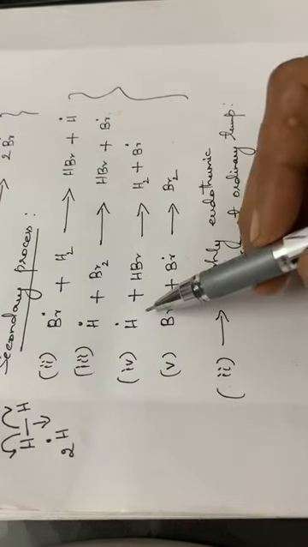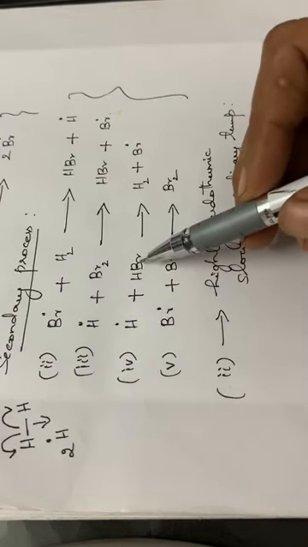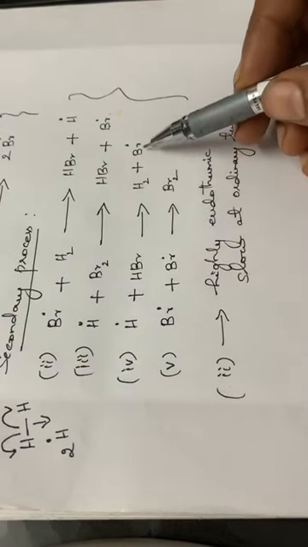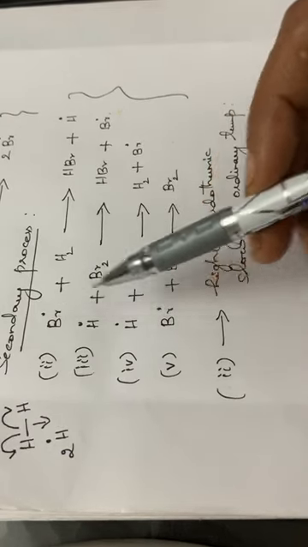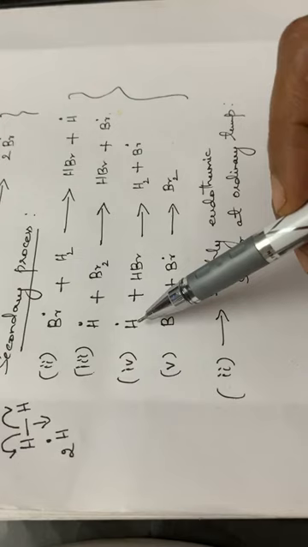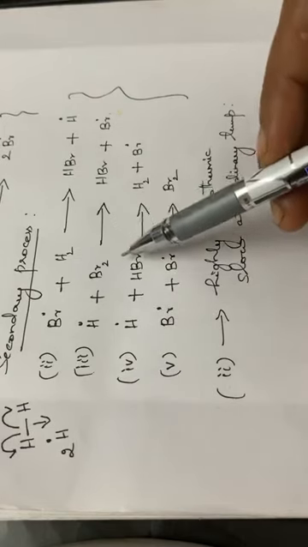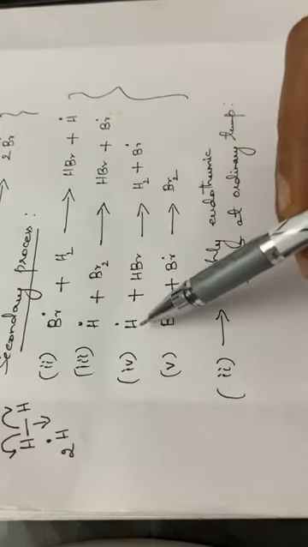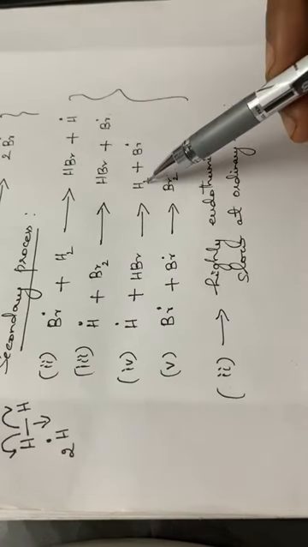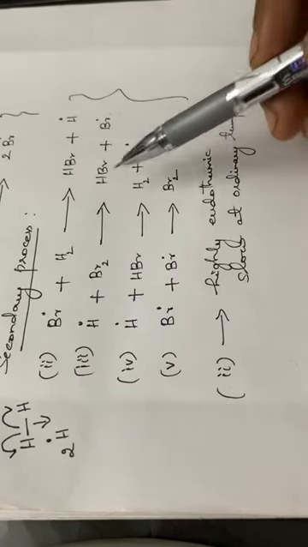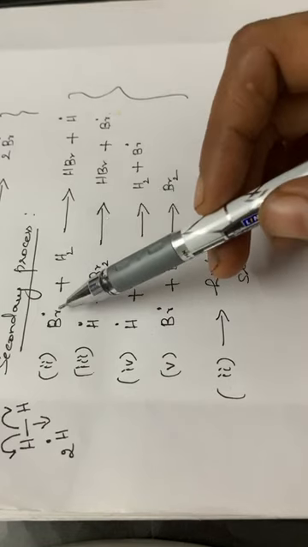Then coming to the fourth reaction, H dot plus HBr giving H2 plus Br dot. Is there any relation connecting the second reaction and the fourth reaction? This fourth reaction is just the reverse of the second reaction, isn't it? Here the reactants are H dot plus HBr and the products are H2 plus Br dot, whereas in the second reaction the reactants are H2 plus Br dot.